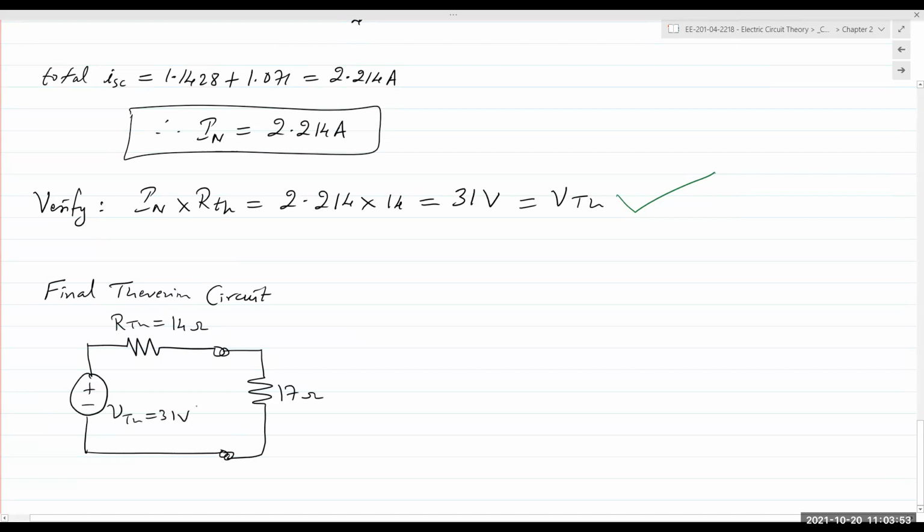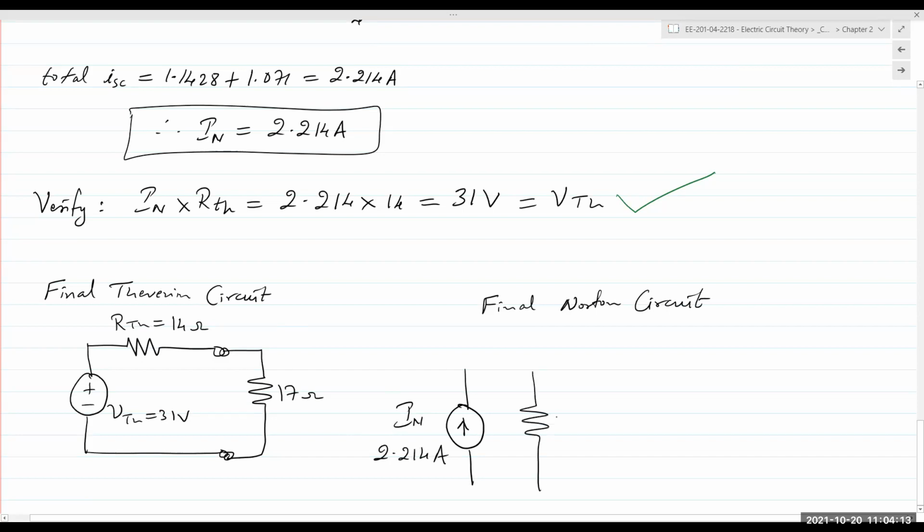VTH is 31 volts. And my final Norton circuit is the current source IN, which is 2.214 amps, in parallel with RTH, which is 14 ohms.